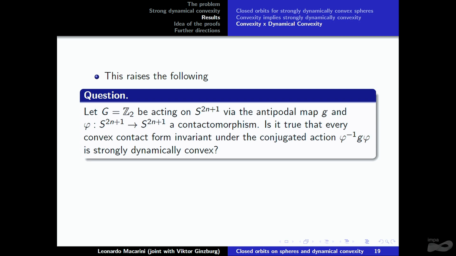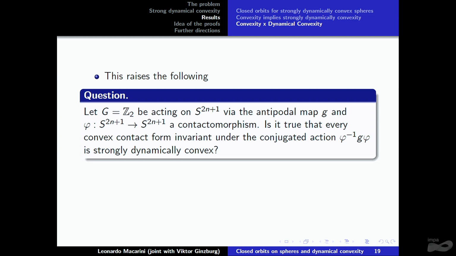Of course, this raises the following question, right? As I said, when you have a convex contact form that is invariant by the antipodal map, then it's strongly dynamically convex, this is theorem 2. And now start with our example, right?